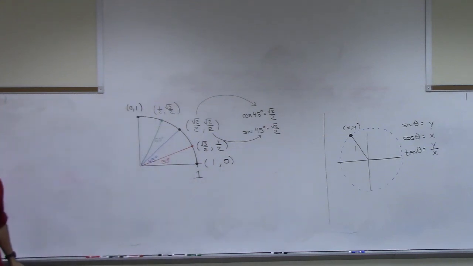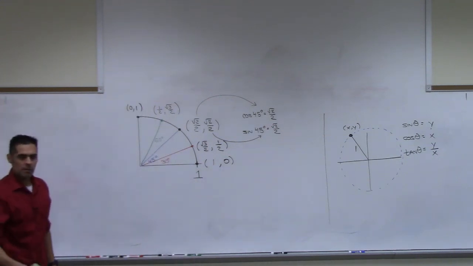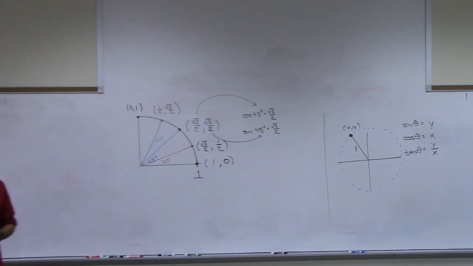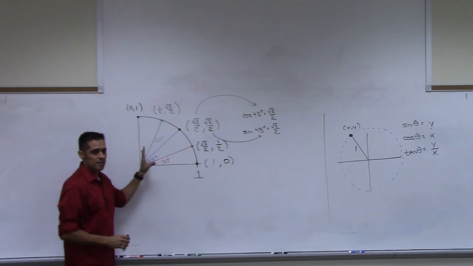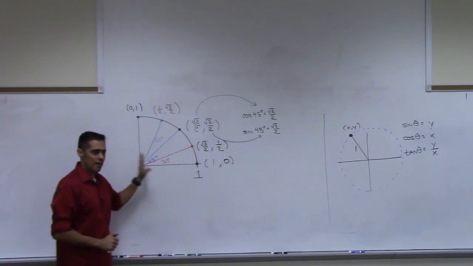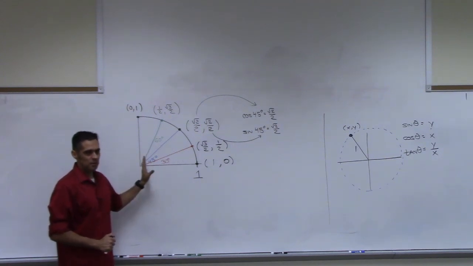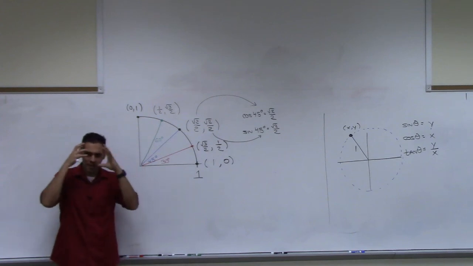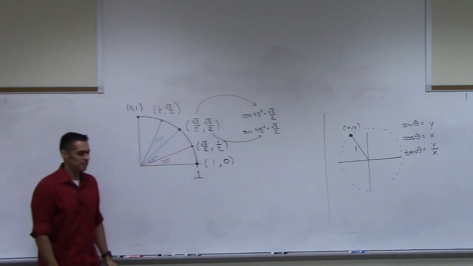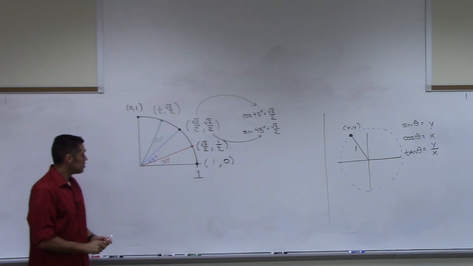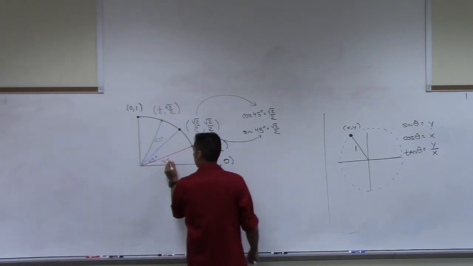So what you want to do at this point is you want to memorize this first quadrant of the unit circle as soon as possible. You want to have this almost burned as an image into your head. Also remember that all of these could have been given in radians.